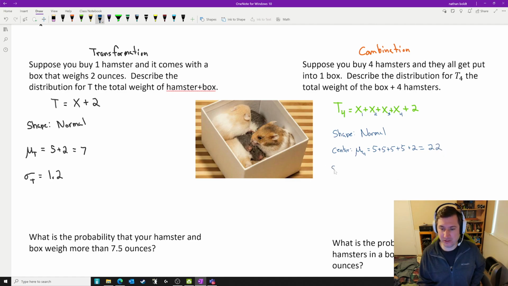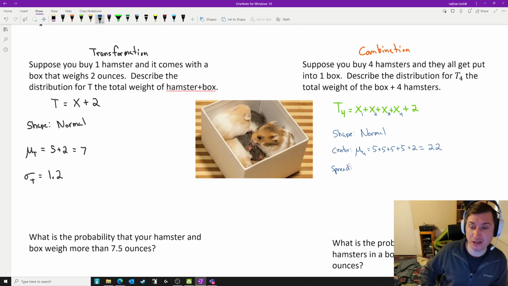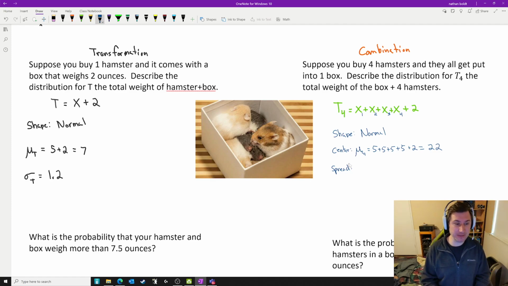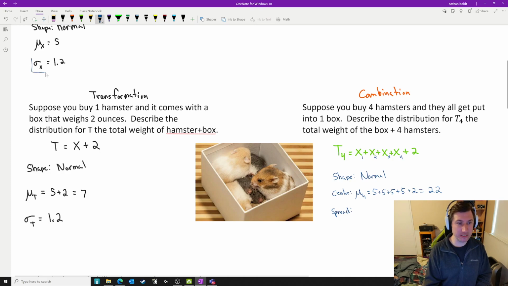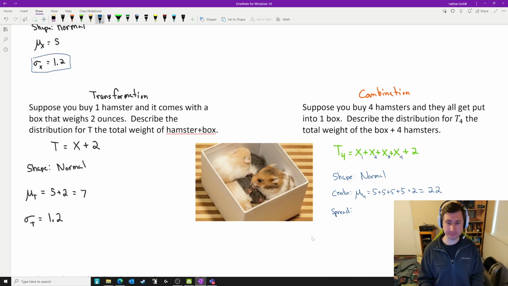Now what about my spread? Here again, we cannot add the standard deviations, but the standard deviations are going to change. The standard deviation is going to be bigger than the 1.2 of what it was. 4 random variables are going to be more spread out than 1.